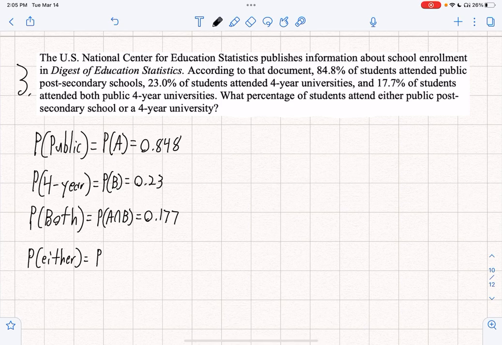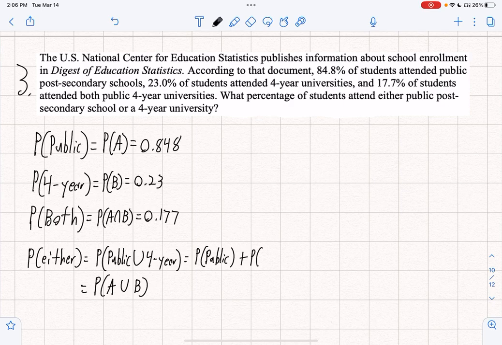So the probability of public or 4-year, which I could also write as the probability of A or B. So using our formula, this would be the probability of public plus the probability of 4-year minus the probability of both.